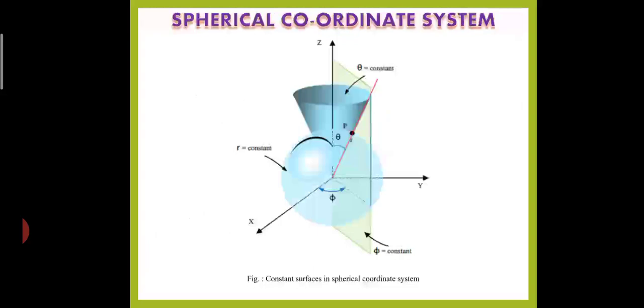Its half angle is theta, and theta varies from 0 to 180 degrees. The third is a half plane perpendicular to the xy plane containing the z axis, making an angle phi with the xz plane. Thus the 3 coordinates of a point P in the spherical coordinate system are r, theta and phi. These surfaces are shown in the figure.